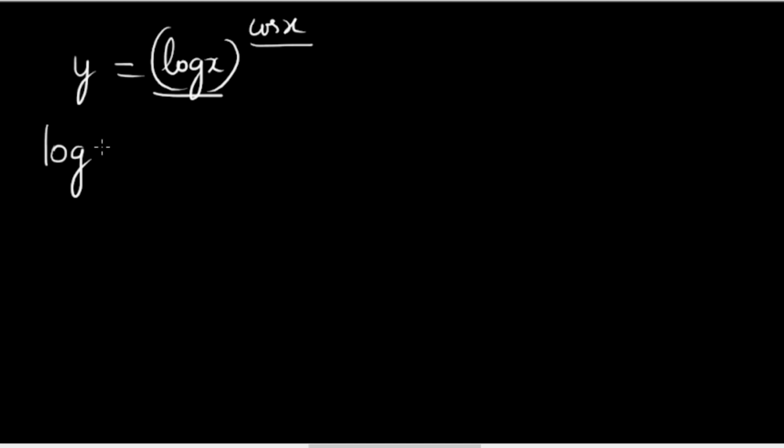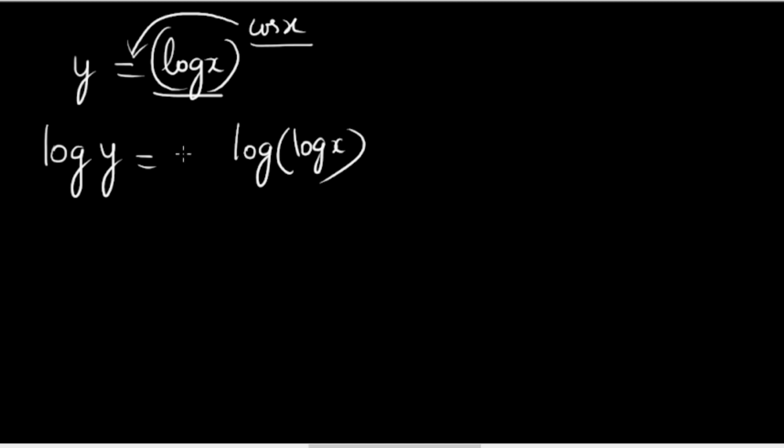So we take log y. Here we will be writing log of log x, and this power comes in front. In log, that is the main advantage: we can bring the power in front and do our calculation easily.